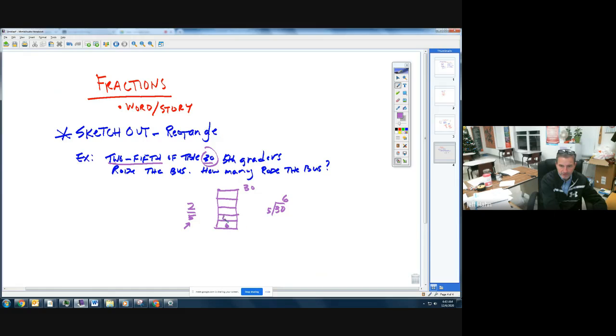Every piece stands for 6 fifth graders. Then the top number is how many of those pieces I have. I take 2 of these, and it doesn't really matter which 2, we'll pick the bottom 2. I take 2 of those 6s, which gives me 12. 12 of the fifth graders rode the bus.